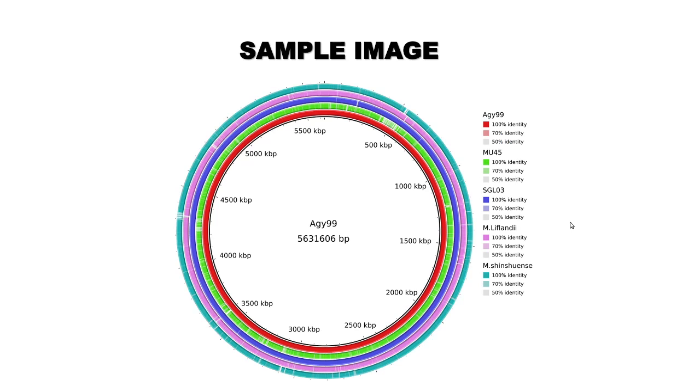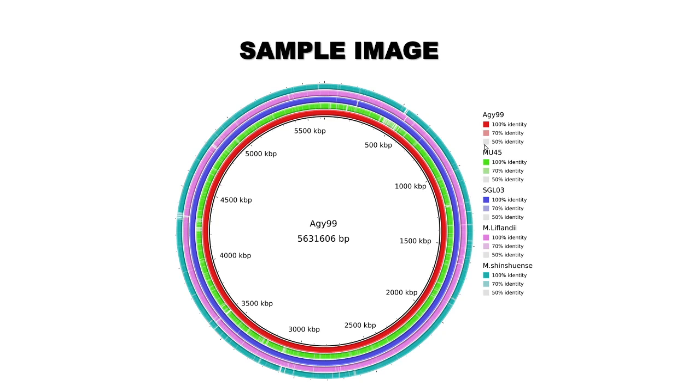This is the image that I created with this BRIG software. You realize on the right side of it, we have some labels there. The first one is AG199, and we have other ones. These are labels you give it during the configuration stage.